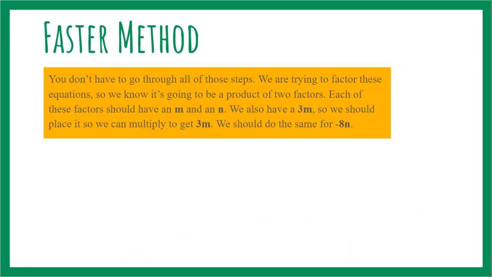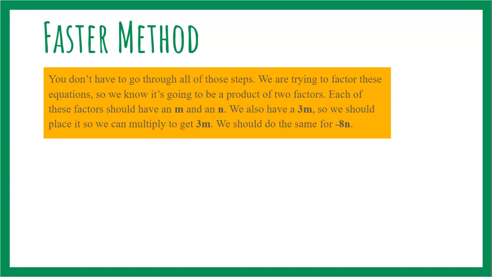A slightly faster method is that instead of going through all those steps, you could remember that the left side is going to be factored as a product of two factors. So each of these factors is going to have an m and an n.